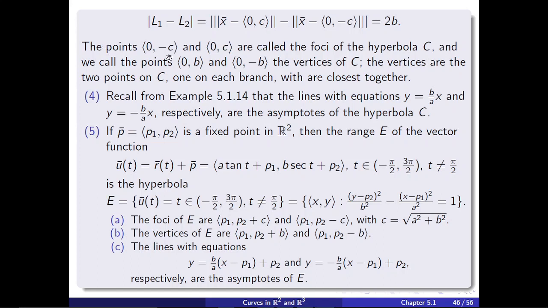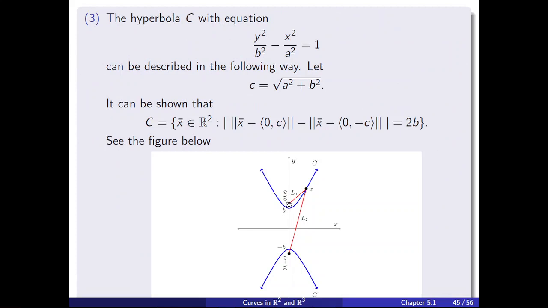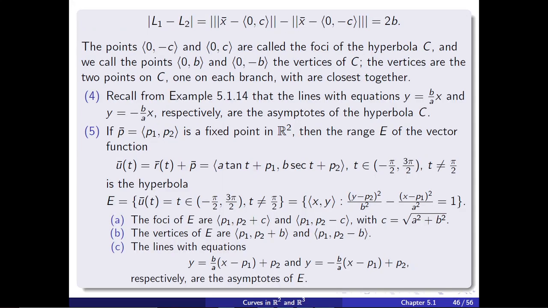The points (0, minus c) and (0, c) are called the foci of the hyperbola C, and we call the points (0, b) and (0, minus b) the vertices of C. These ones are the foci with the dots there, and this point and that point are the vertices of the hyperbola.